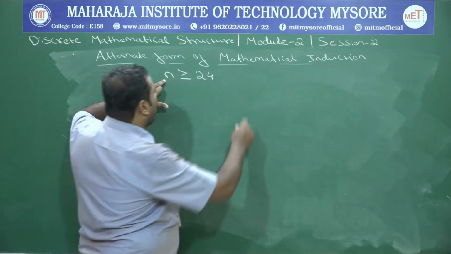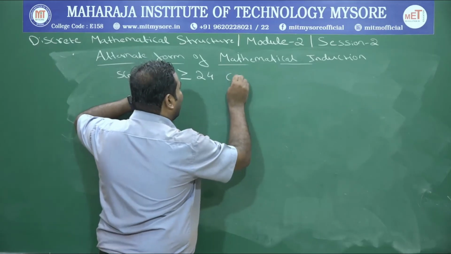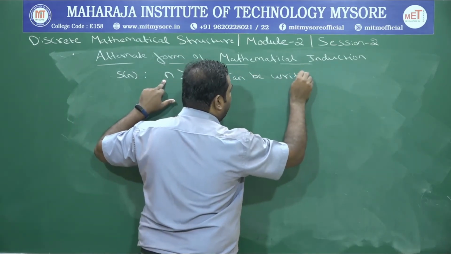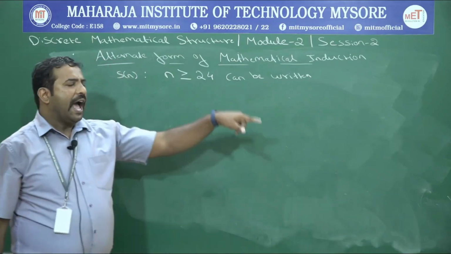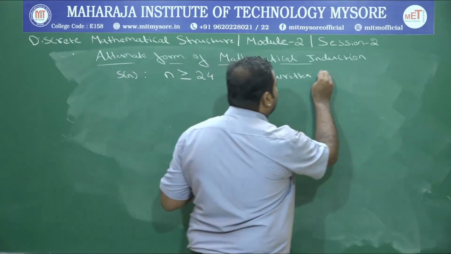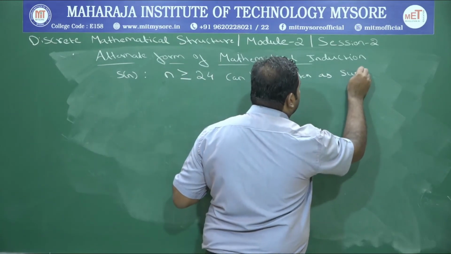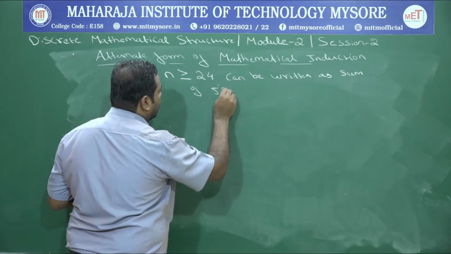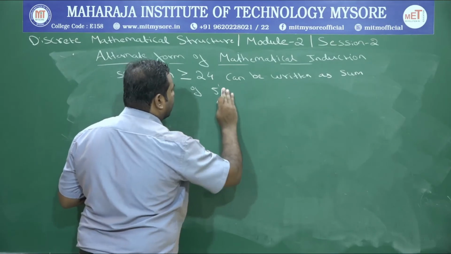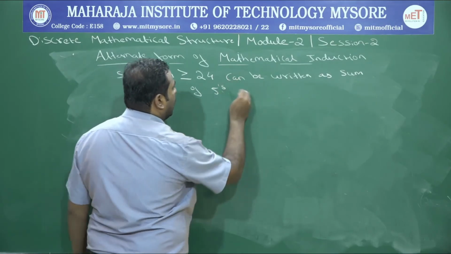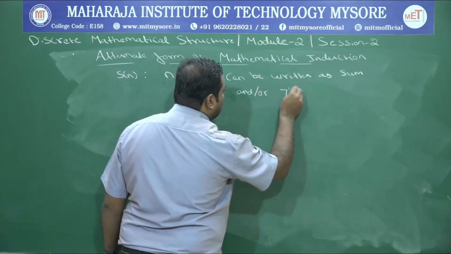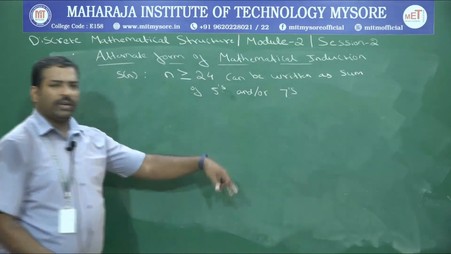So this number can be written as a sum of fives and sevens. Whatever number you're going to take.